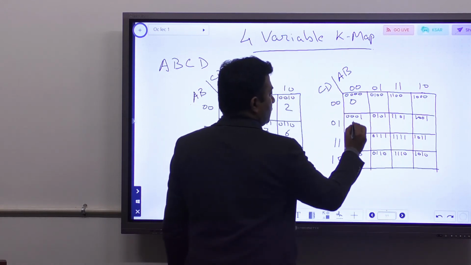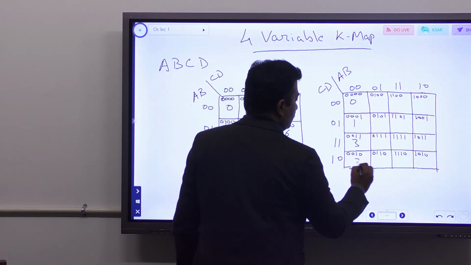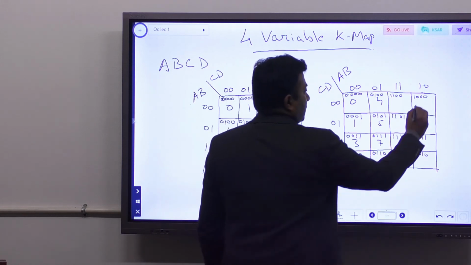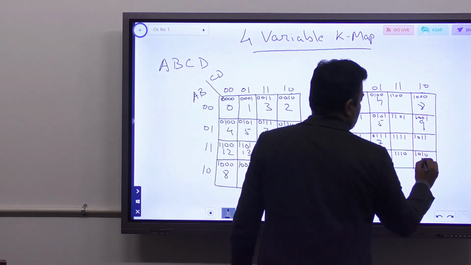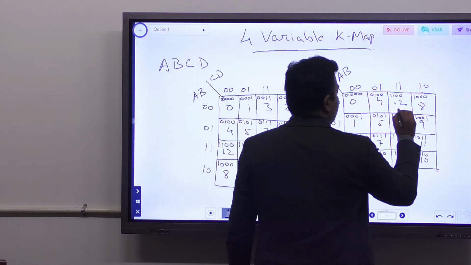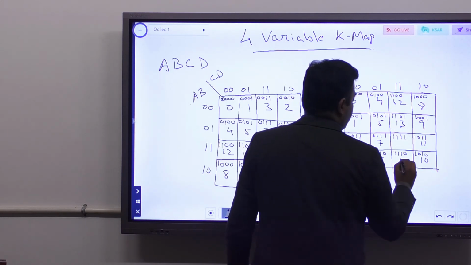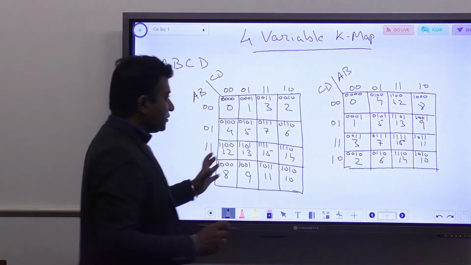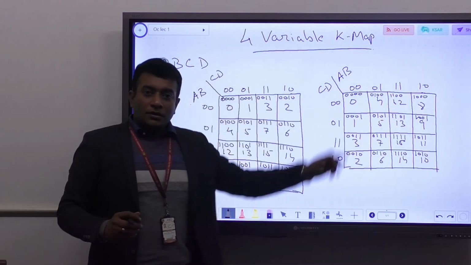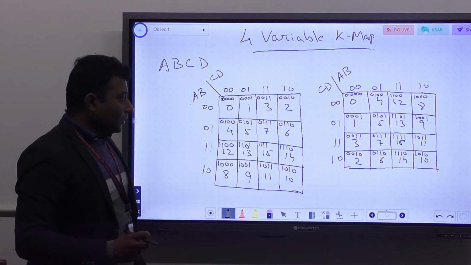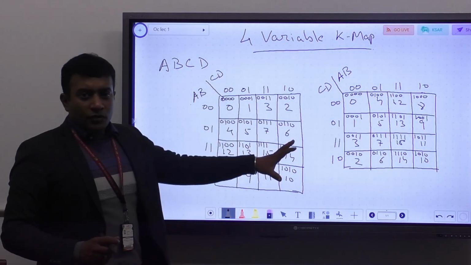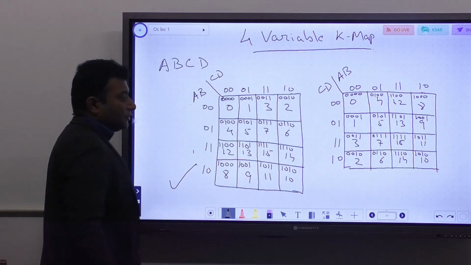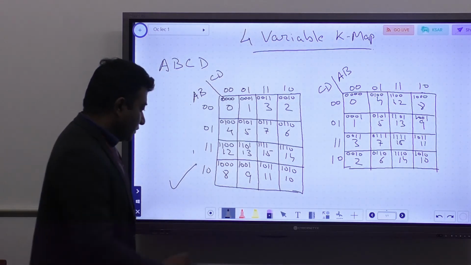Okay, so this would be 0, 1, 3 and 2, 4, 5, 7 and 6, 8, 9, 10 and 11, 12, 13, 14 and 15. The positional values have changed. It's because we had interchanged the variable position. Anyways, both of them would work very fine, but we would be using this type of notation. So further, we are going to use this type of notation.